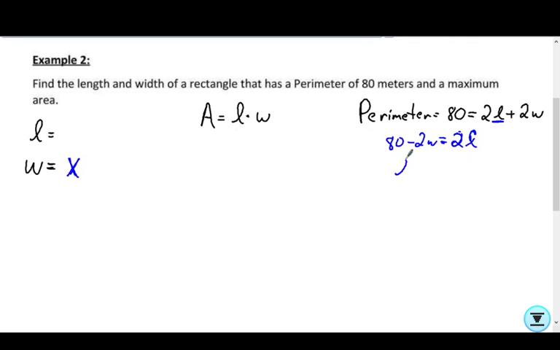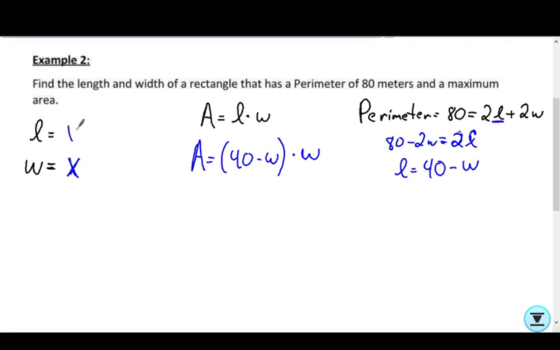And that means my length is equal to 40 minus W. Okay, because you divide everything by 2. So now that means my area, since my length is 40 minus W times my width, now my equation's all in terms of one variable.